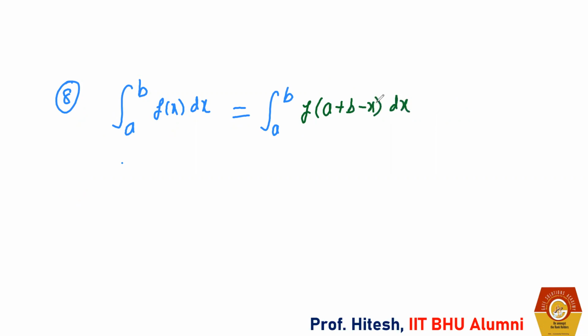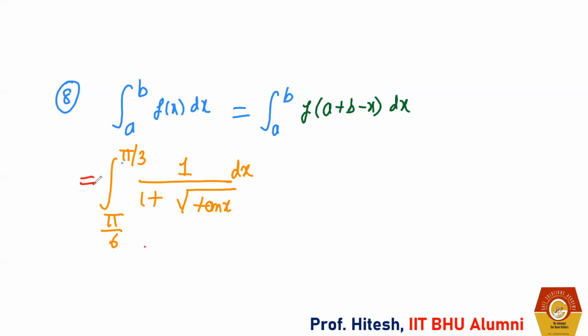Okay, so one question we have solved. You remember the integration 1 upon 1 plus under root tan x. We have solved this. Limit was 0 to pi by 2. Now I have changed the limit to pi by 6 to pi by 3. Now we have to find out.